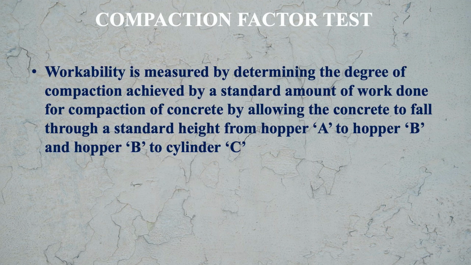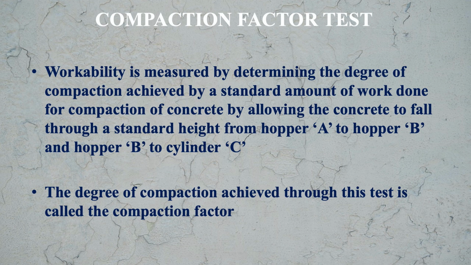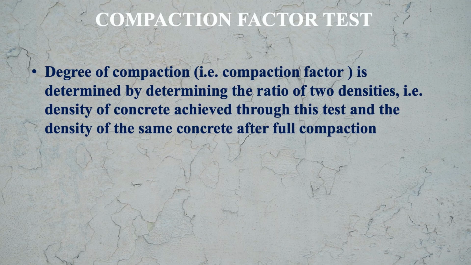So the workability is measured by determining the degree of compaction achieved by a standard amount of work done for compaction of concrete, by allowing the concrete to fall through a standard height from hopper A to hopper B, and then from hopper B to the cylinder C. The degree of compaction achieved through this test is called the compaction factor.